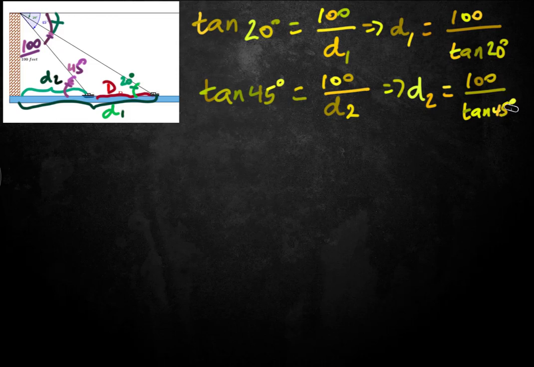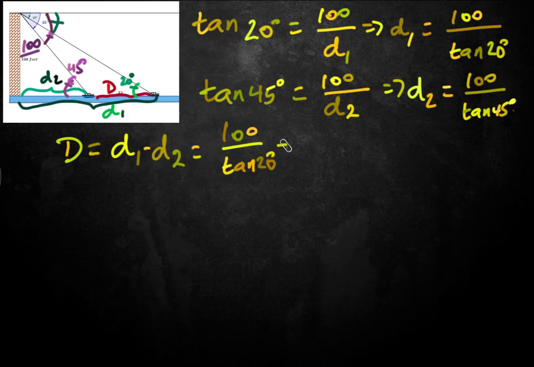Now we can say D is equal to D1 minus D2, which is 100 over tangent 20 degrees minus 100 over tangent 45 degrees.